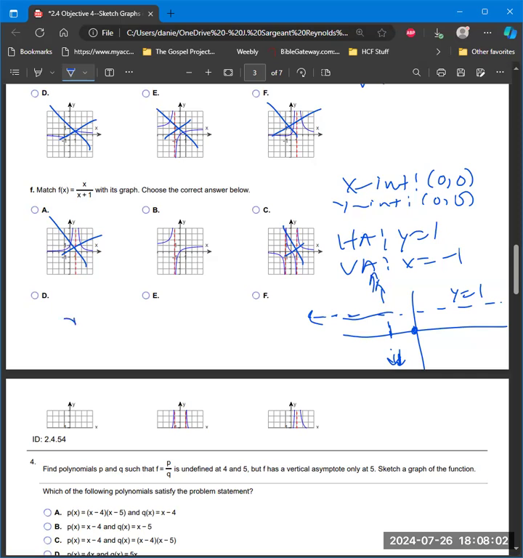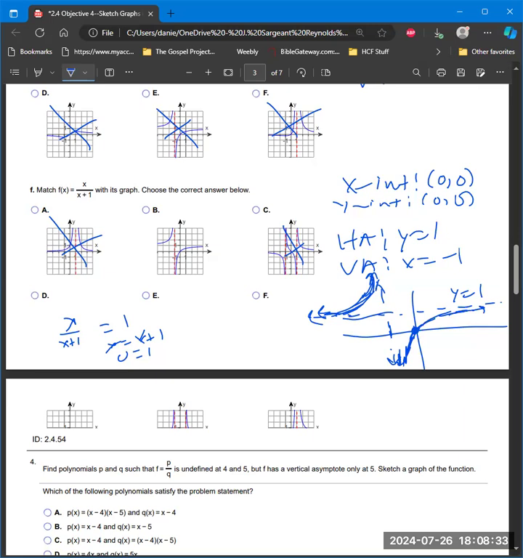I'm interested if I ever equal my horizontal asymptote, and I do not. So I'm going to come down this way and get close to but never cross that asymptote, and I'm going to come up this way and get close to my asymptote there, but never cross over it.